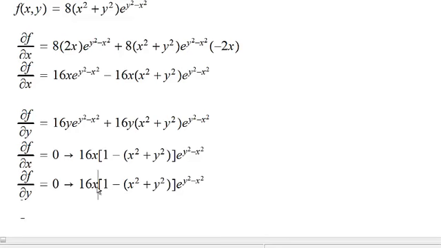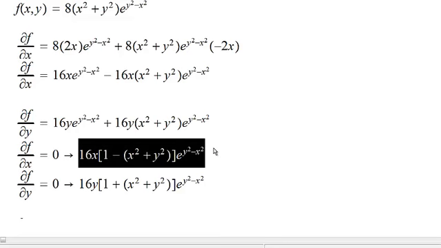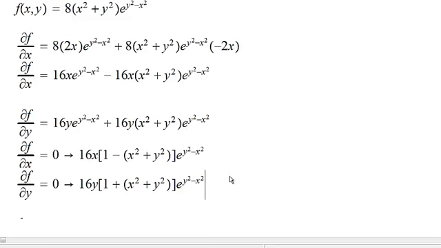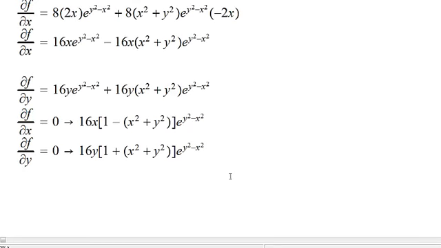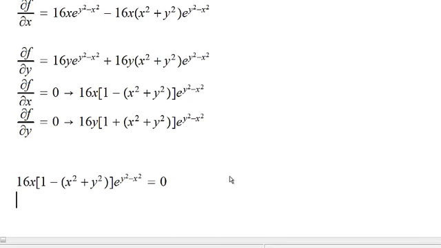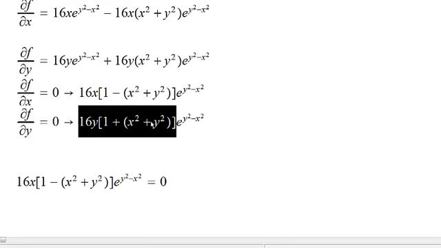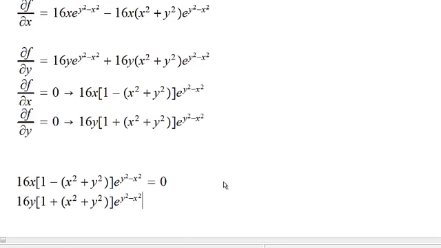Here I have a y, positive. So let's see. We have to get the values for which this is 0 and also this is 0, right?